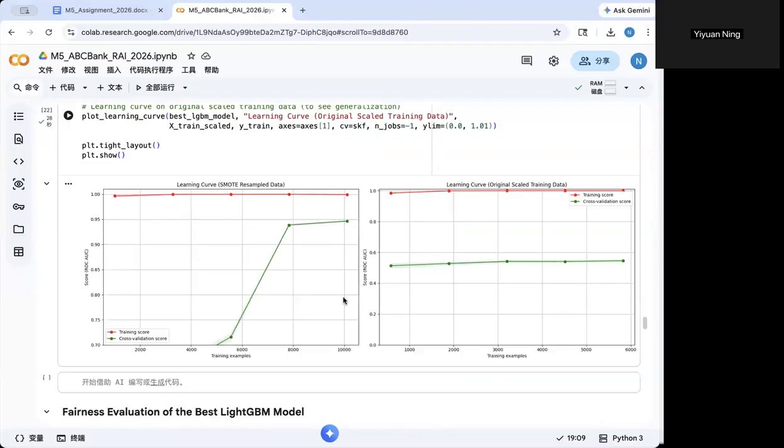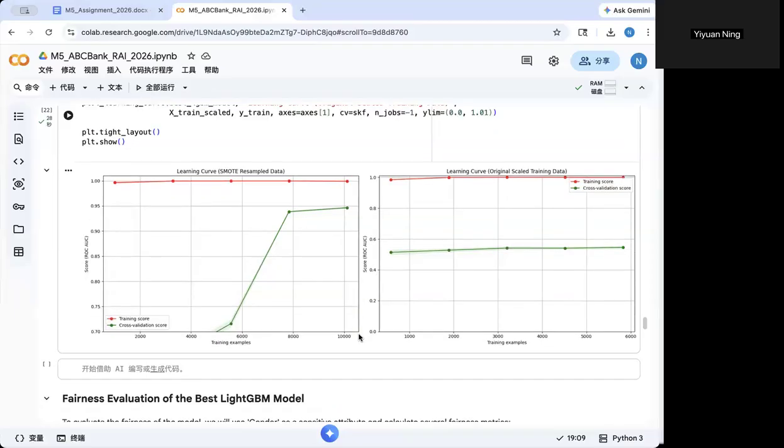On the small resampled data, the cross-validation AUC increased substantially and reached around 0.95, indicating strong validation performance after resampling. However, on the original scale training data, the cross-validation AUC remained much lower, around 0.51 to 0.55, with only slight improvement as the sample size increased.